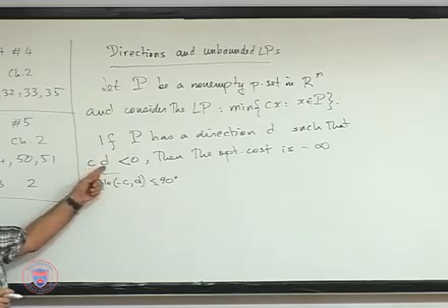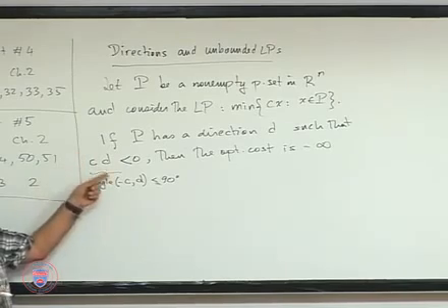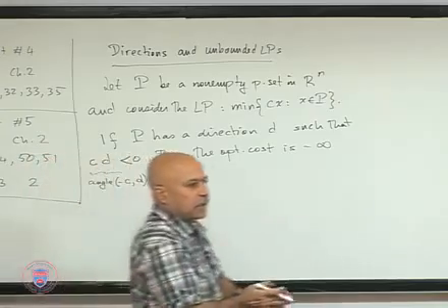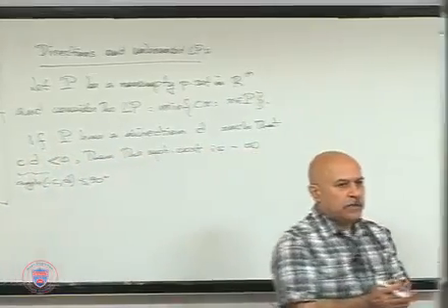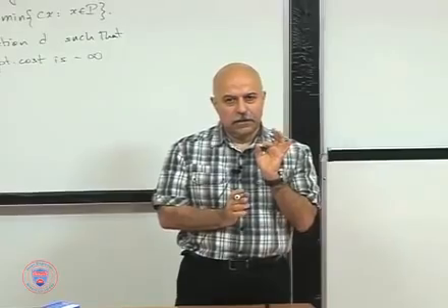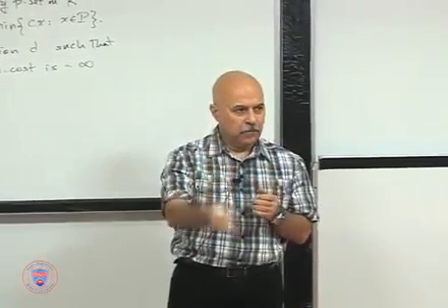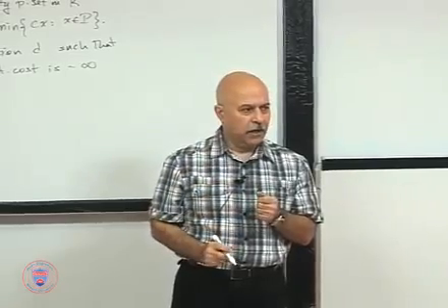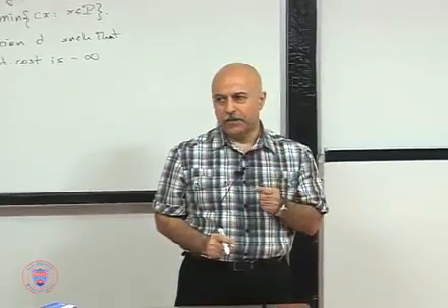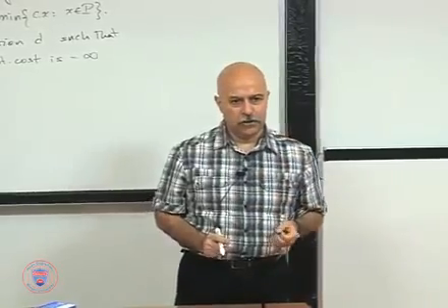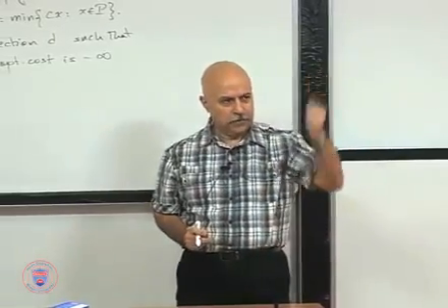The angle between C and D is greater than 90, so the angle between minus C and D is less than 90. That's what it means. For a minimization, movement in the feasible region in the direction of minus C makes you go down in objective function value. If you move along the direction C, you go further up.